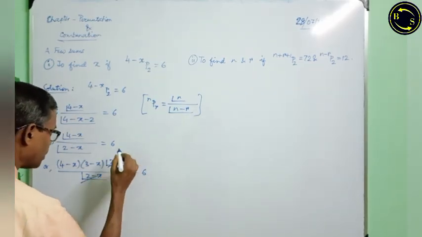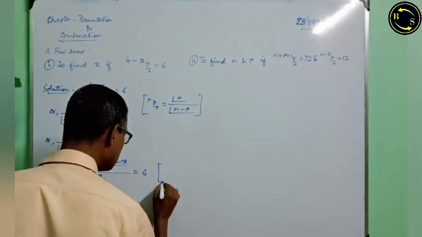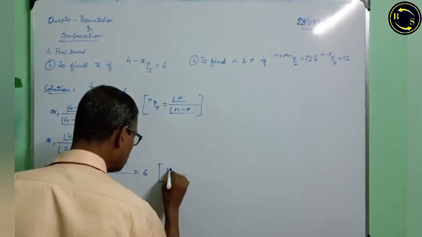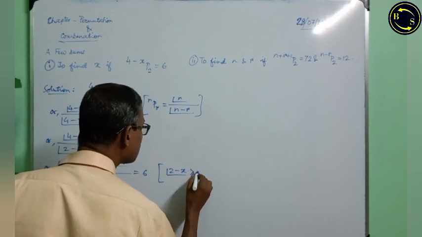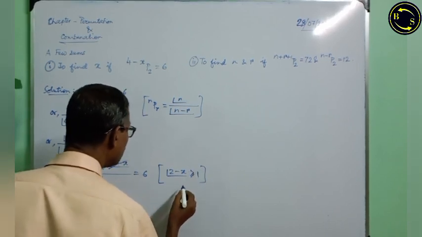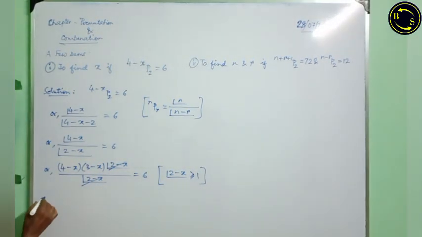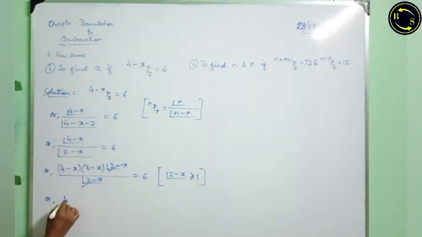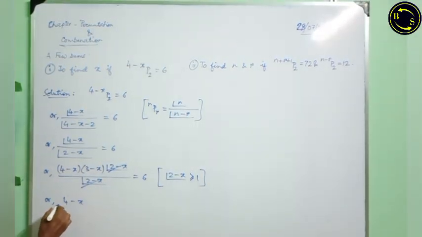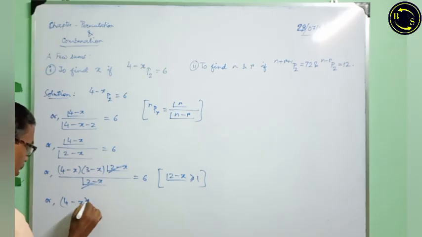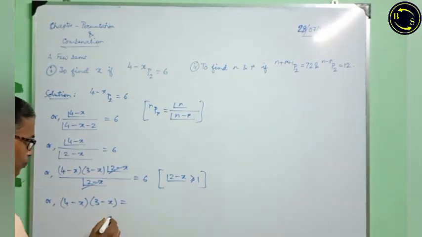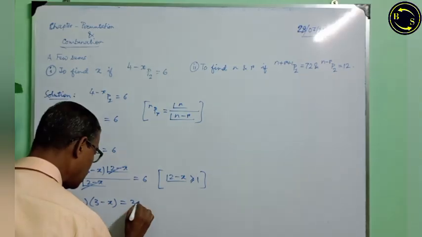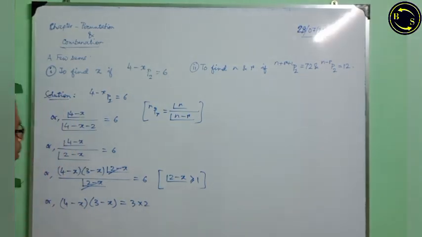Now these two will be cancelled, since factorial 2 minus x is greater than or equal to 1, therefore we can cancel, or 4 minus x into 3 minus x is equal to 3 into 2.